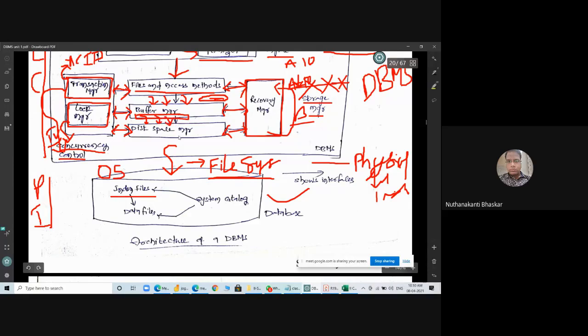What is the meaning of the disk space manager? The disk space manager will verify which location in the operating system the particular query is related to. At the same time, it converts to the file system and it is verified. Because we are storing lots of terabytes of data in the hard disk, we have to find the data exactly.